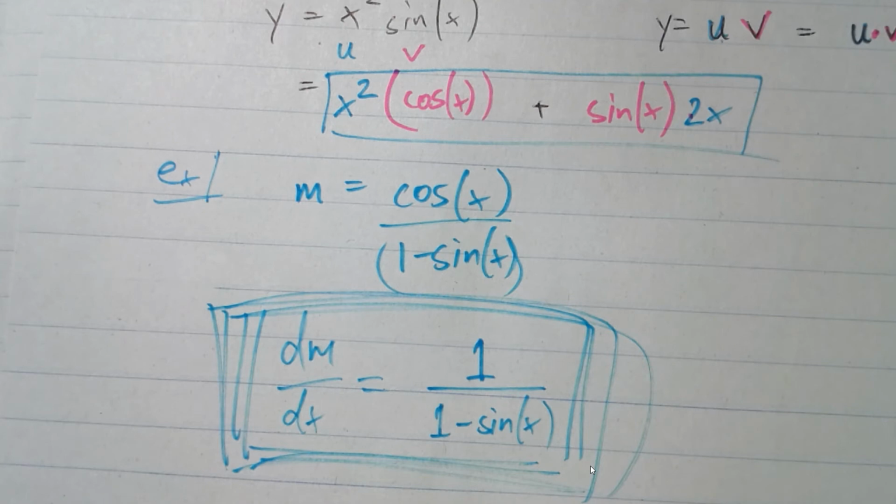Leave it this way, and then let's see, 1 minus sine x squared. And then just repeat it a little bit more. Same thing.